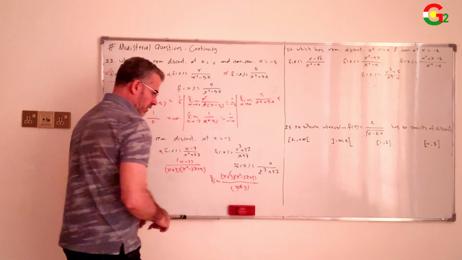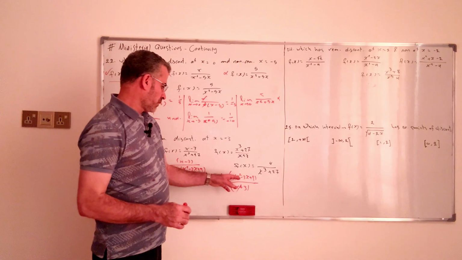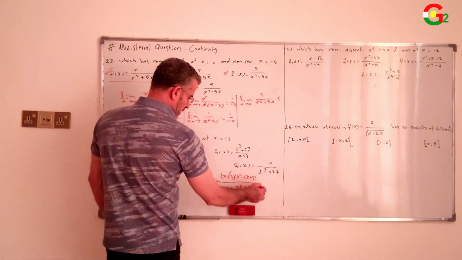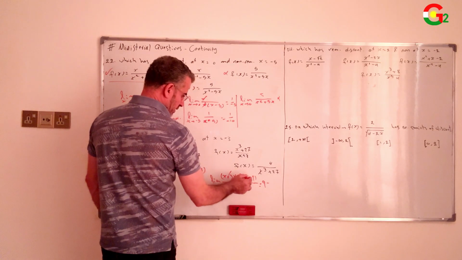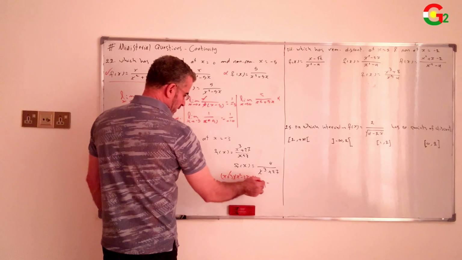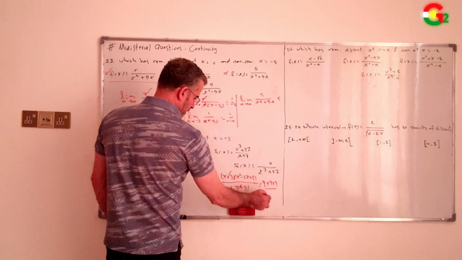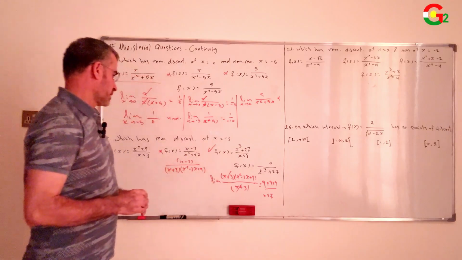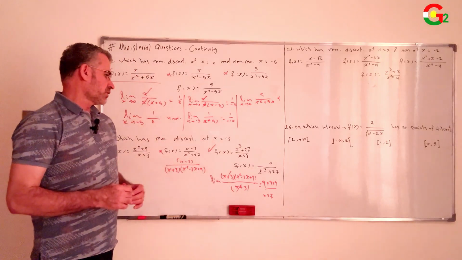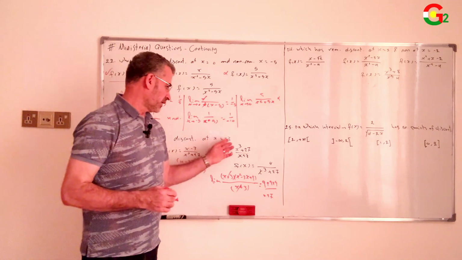Reduce x plus 3 with x plus 3, substitute x with -3, and the answer is -3 squared, 9, minus 3 times -3 plus 9, which is 27. Then the limit exists, and this function has a removable discontinuity when x equals -3.